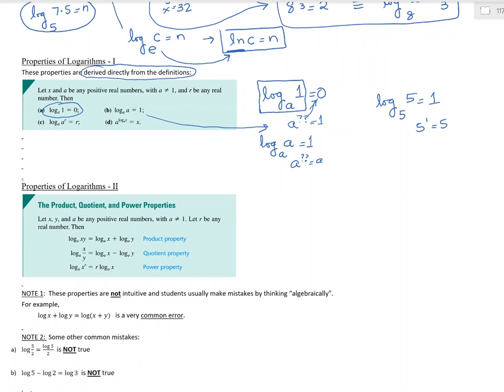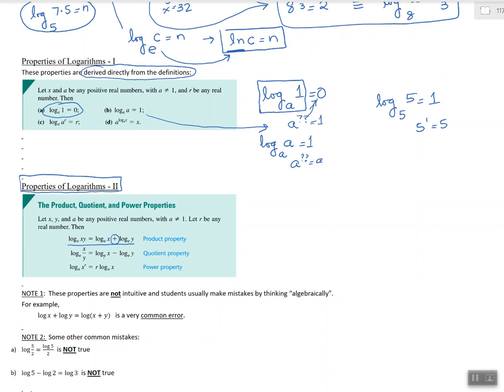Here are the more important ones. This would be needed in our next set of questions. So here are the three properties. The product property says log of x times y is actually log of x plus log of y.